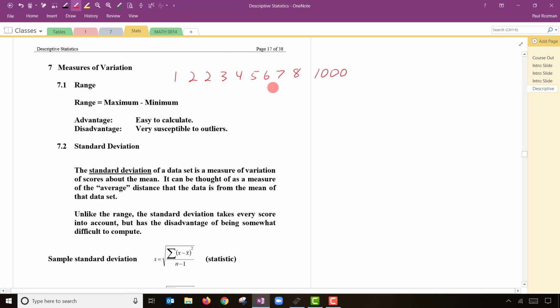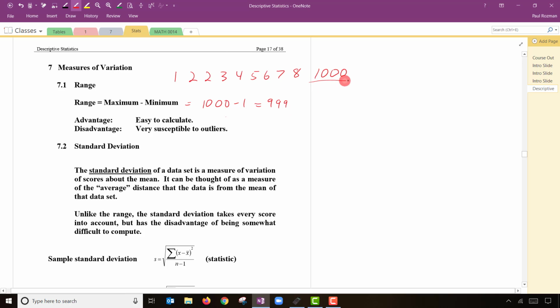The range of this data set is 1,000 minus 1, so 999. So that gives you the impression that these values are really spread out all over the place, but in reality, they're all fairly grouped together.